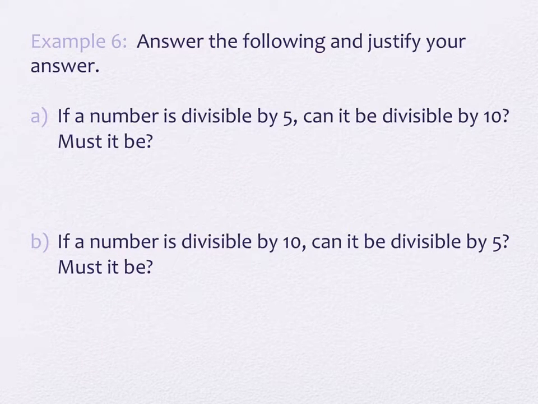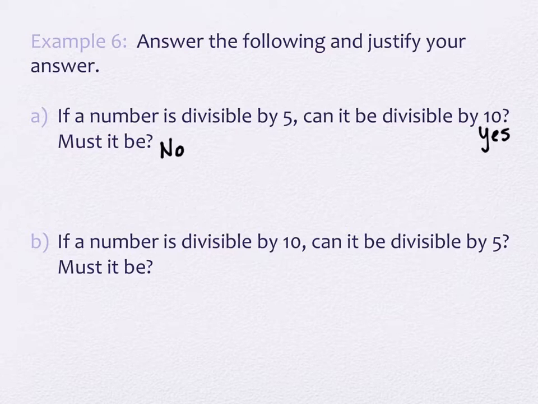If we have a number and it's divisible by 5, can it be divisible by 10? Yes. Must it be? No. It can be, because it could end in a 0, right? But 0 is not the only thing it could end in.